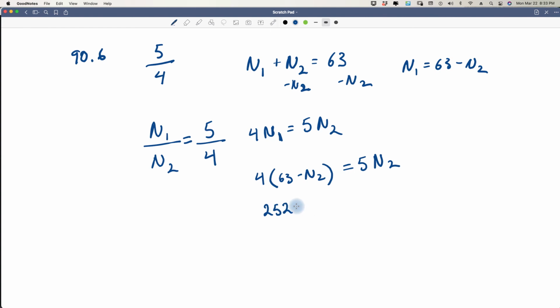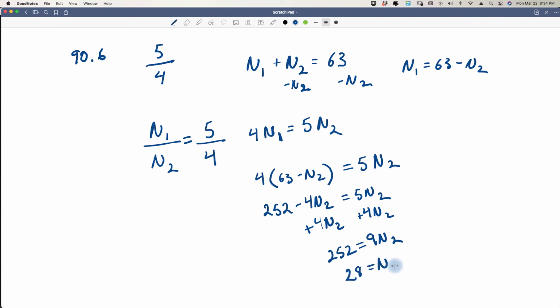So 252 minus 4 n2 equals 5 n2, and I'm just going to add 4 n2 to both sides to make it easier. So 252 equals 9 n2, right? So we divide 252 by 9, and we get 28 is n2.